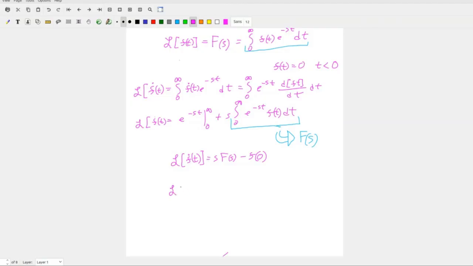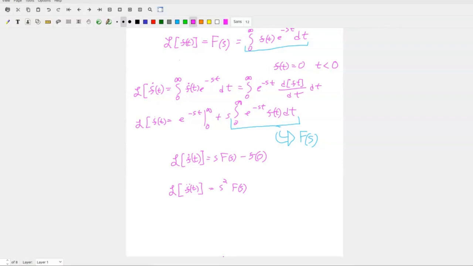And so that's going to be the Laplace of f double dot of t. You just have to solve twice, but that just ends up as s squared F of s.